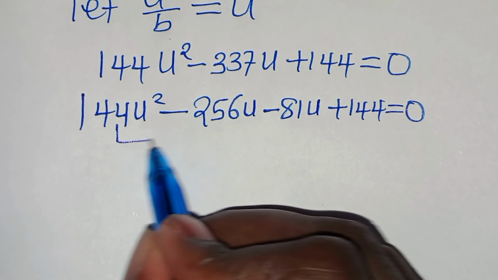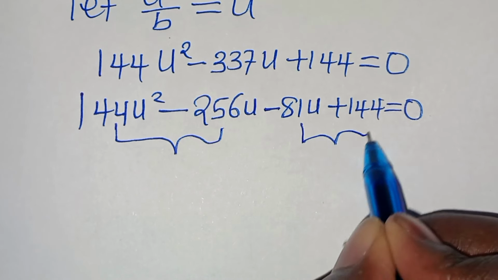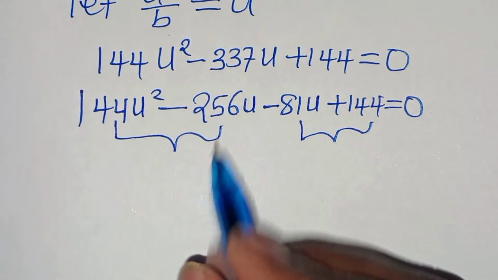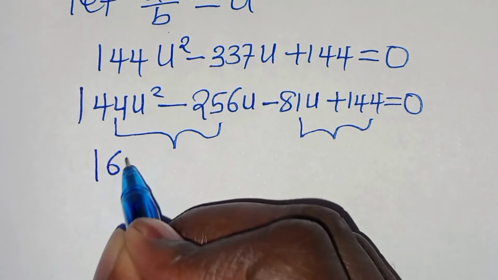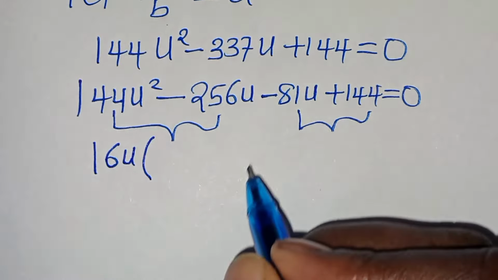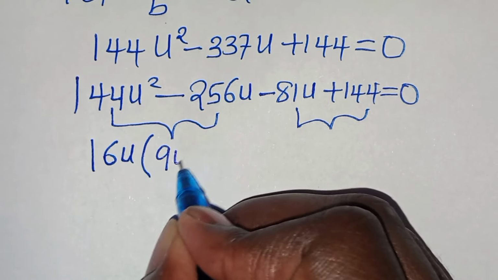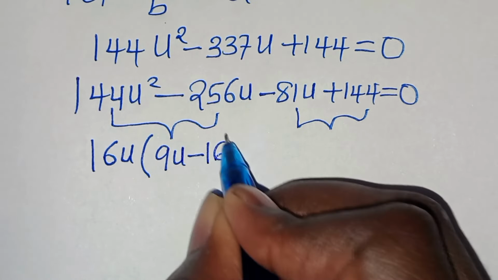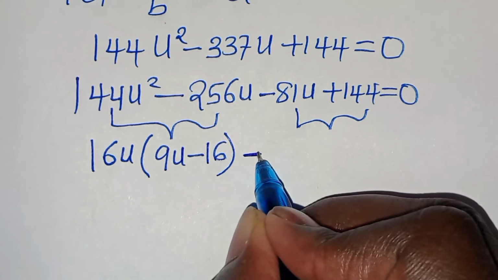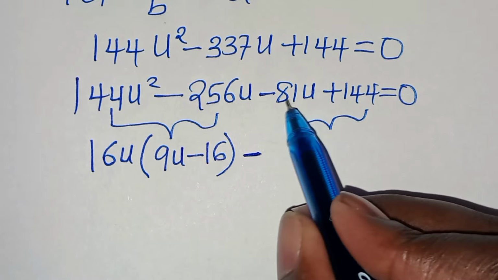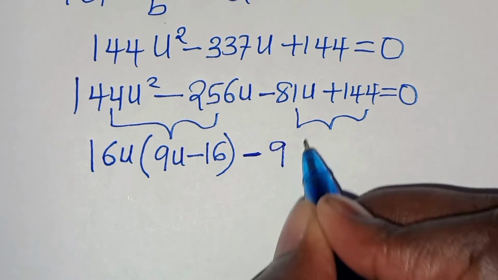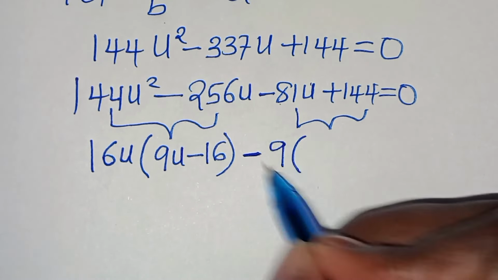So we have got two parts here. In the first part here, we have that 16u is common here, so we can factor out 16u into the parentheses. Here we have 9u minus 16, close the parentheses, then minus. Now in the second part here, we have that 9 is common here, so we have 81u divided by 9.